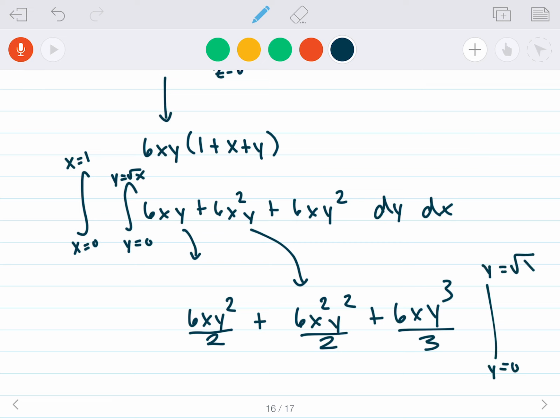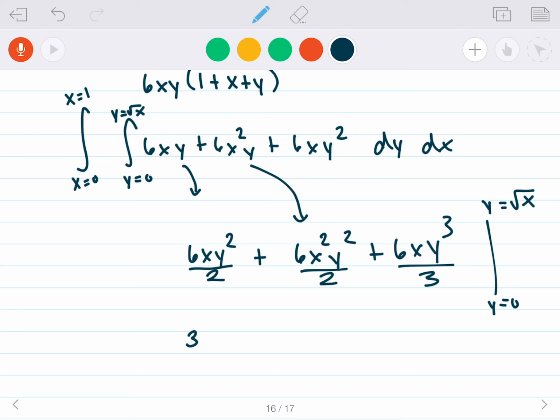I'm going to clean this up before I put my bounds in. This clears to 3, so let me rewrite this as 3xy squared. This also clears to 3 right here, so that's going to be 3x squared y squared. This clears to 2xy cubed. Now I can put in my bounds.